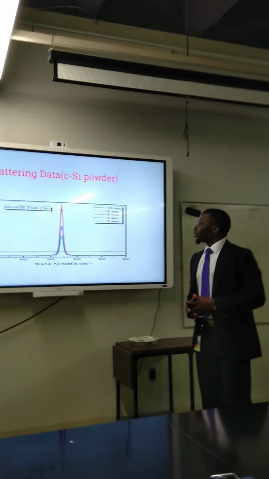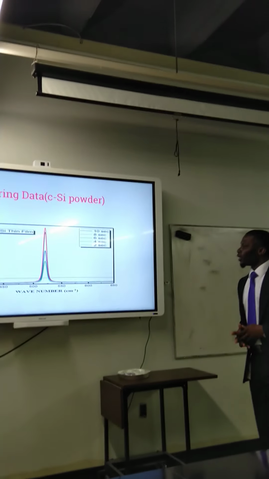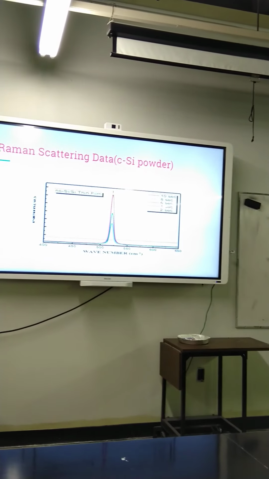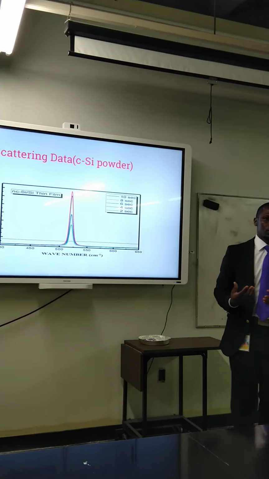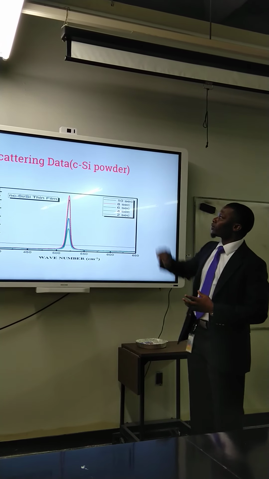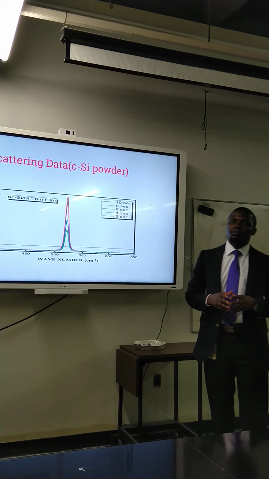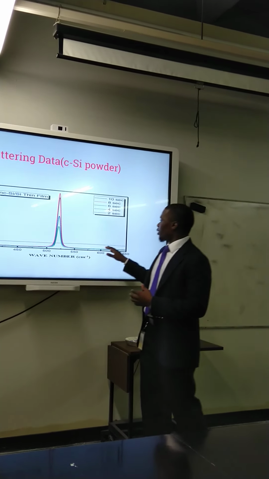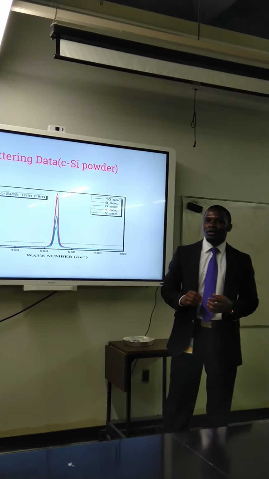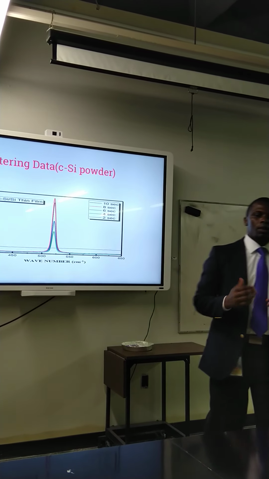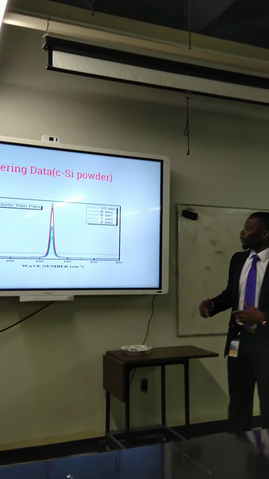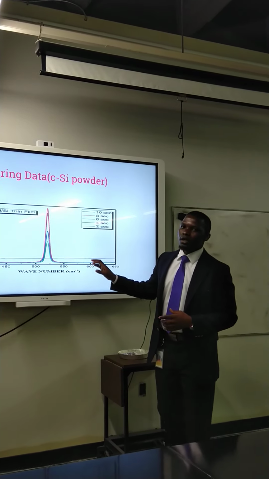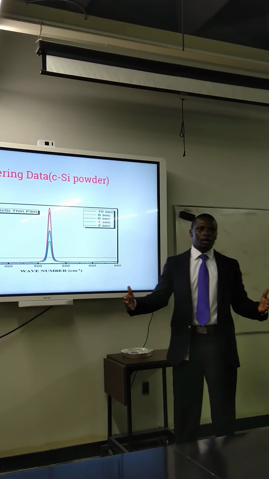And then the Raman scattering data shows how well this thin film was. It's showing the crystalline silicon powders in the thin film. As you see here, the 2 seconds one was amorphous, which means the distribution of thin film or the distribution of crystals wasn't that consistent.